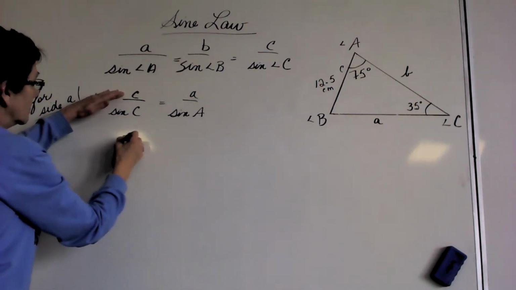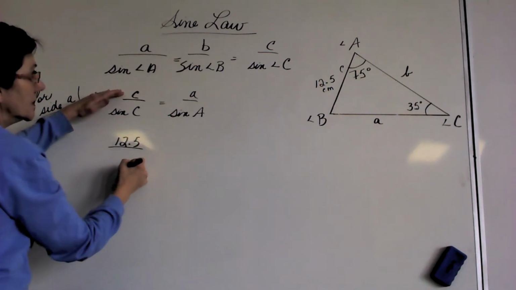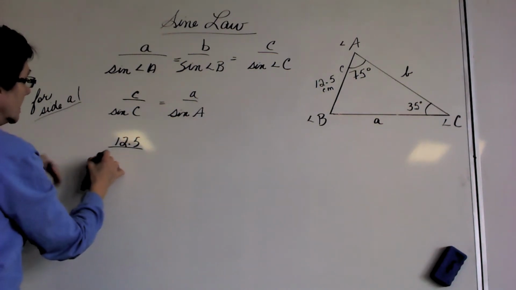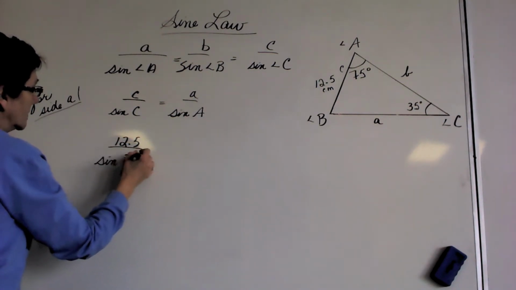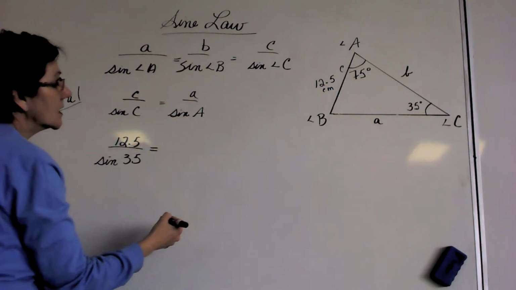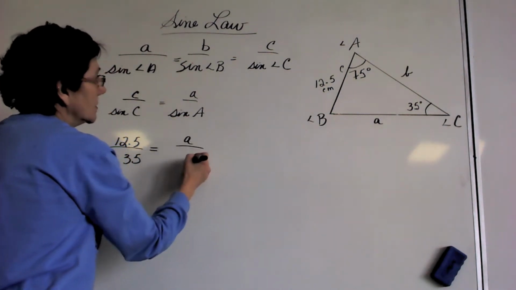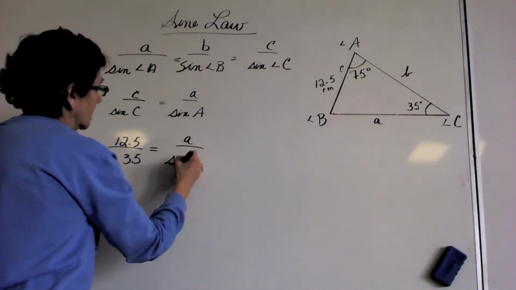Side C is 12.5 centimeters. Angle C is 35 degrees, and that will equal side A, which is our unknown, over sine of angle 75.